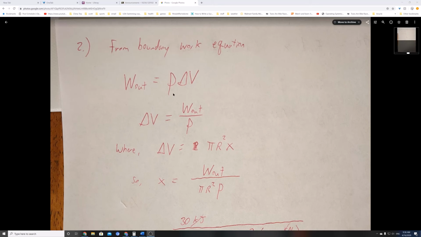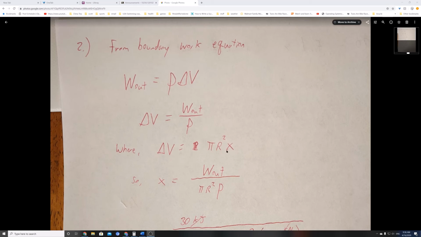The next thing I did was, from the boundary work equation, say work out equals pressure times change in volume. Then I rewrote it as change in volume equals work out over pressure. And then I took the change in volume, just by definition for a cylinder, as pi r squared times x.